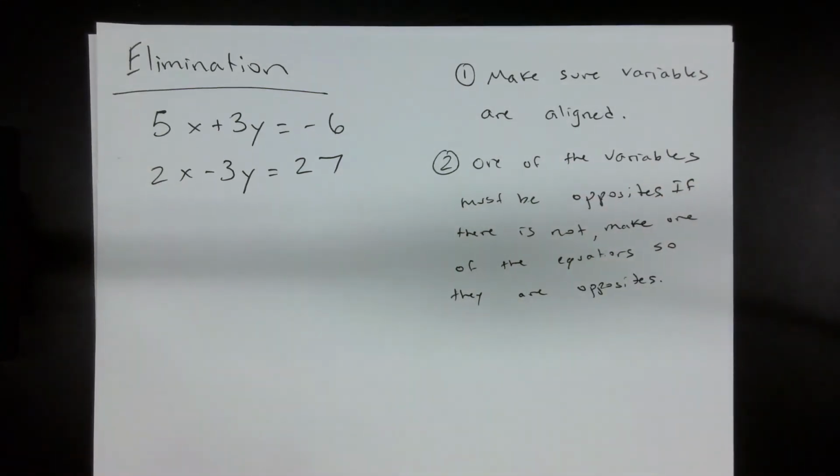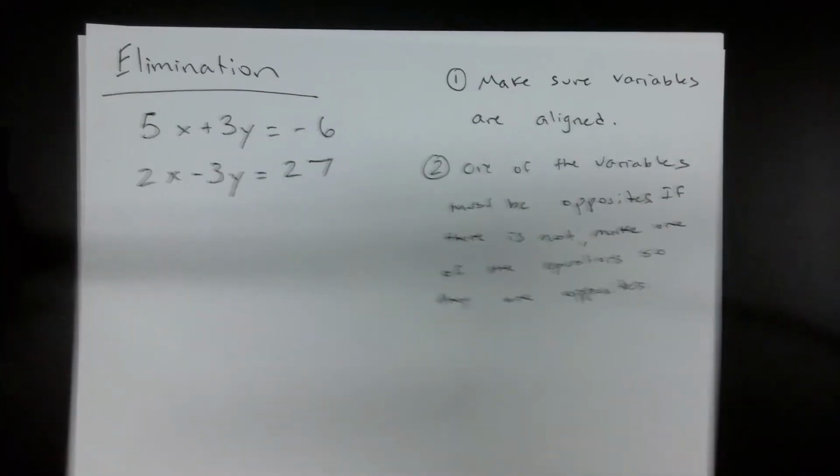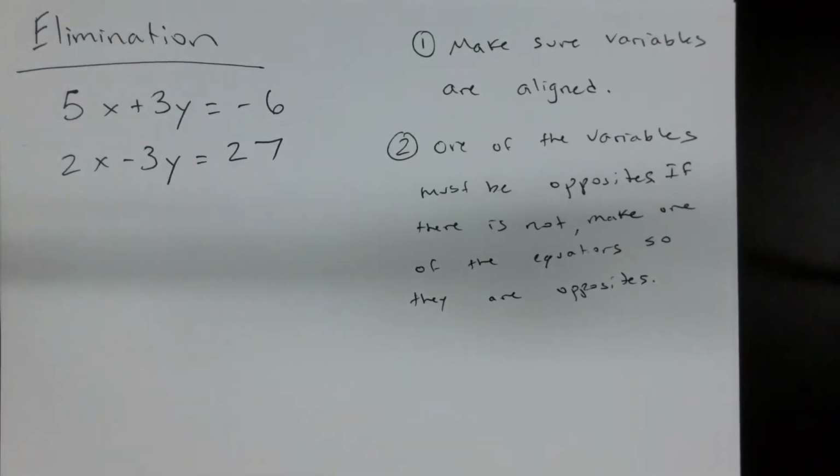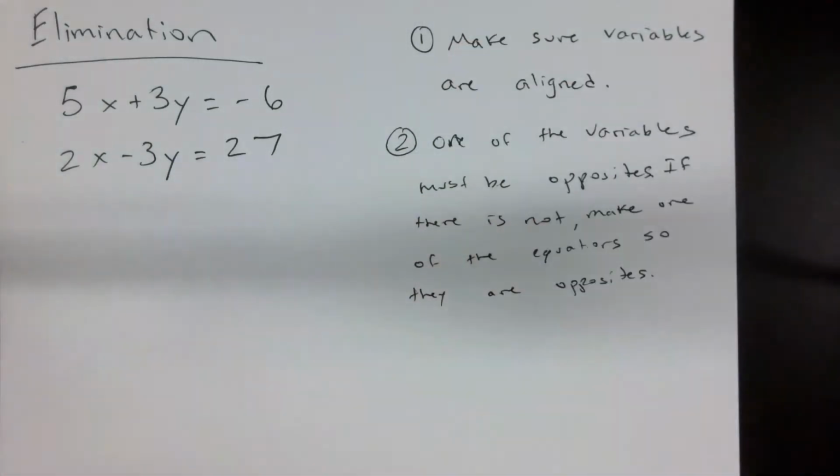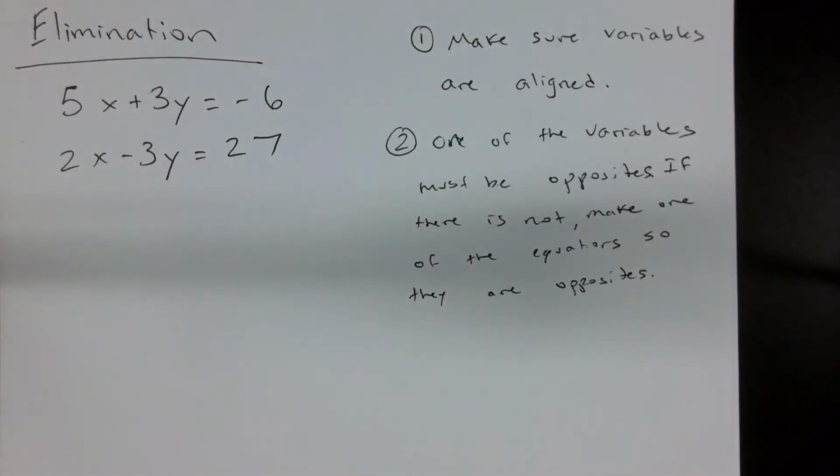I'm really small. So, one of the variables must be opposites. If there is not, make one of the equations so they are opposites. And we're going to do one of those in a second where they're not opposites.